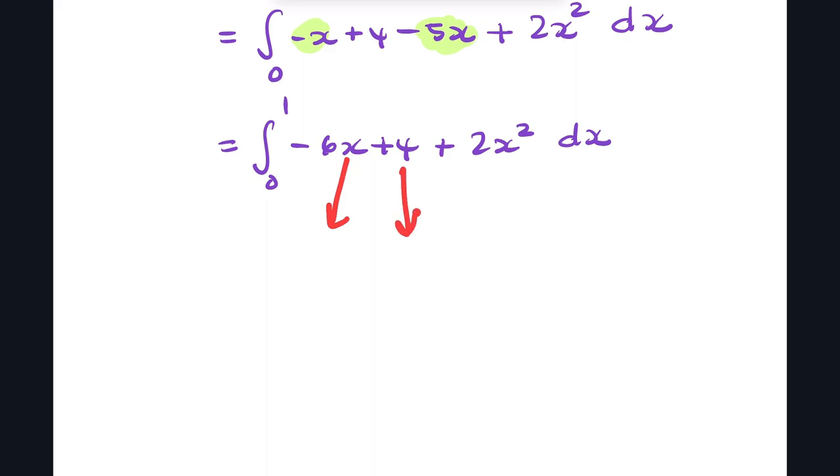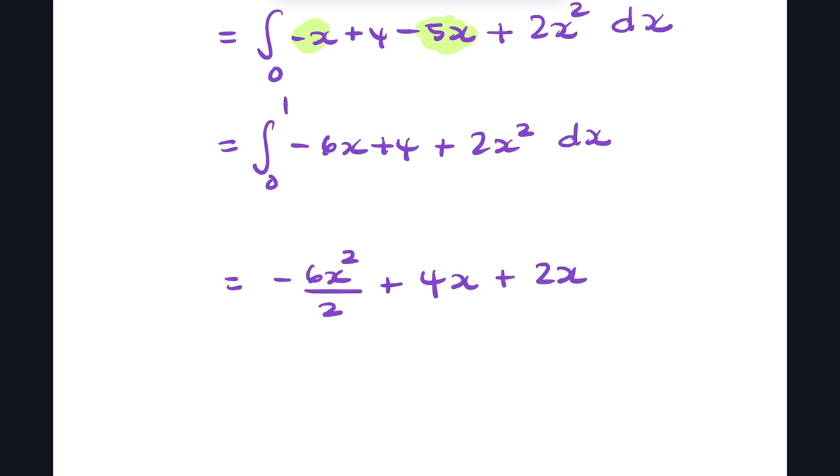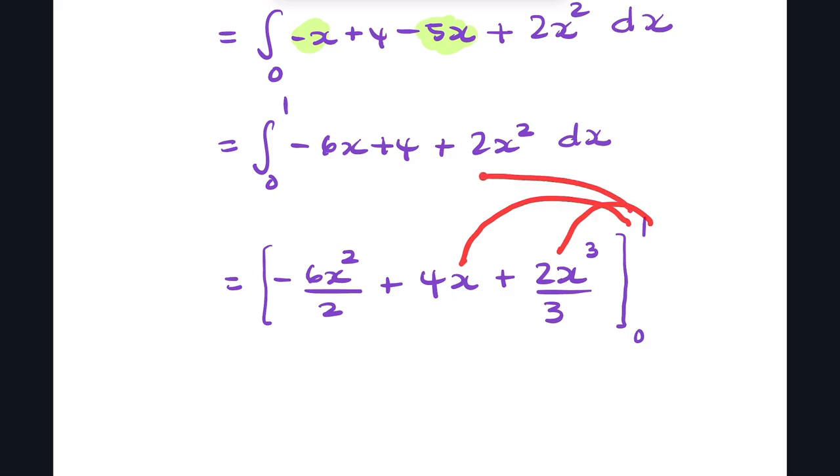Each of these terms can be integrated separately. So we get minus 6x squared over 2 plus 4x plus 2x to the power 3 over 3. And all of that will be between 0 and 1. So we substitute 1, and then we substitute 0.